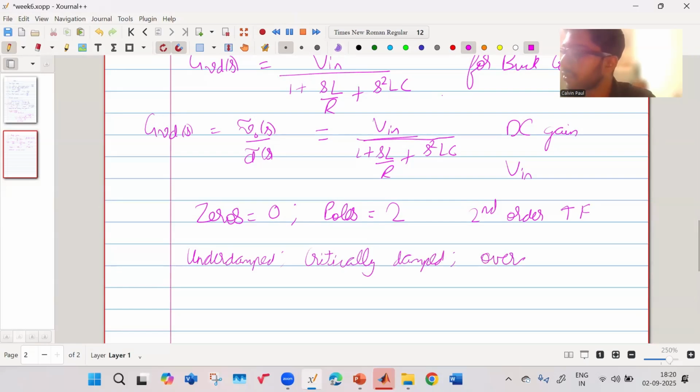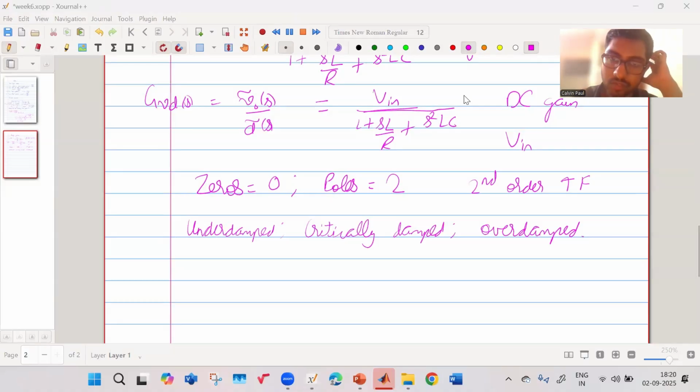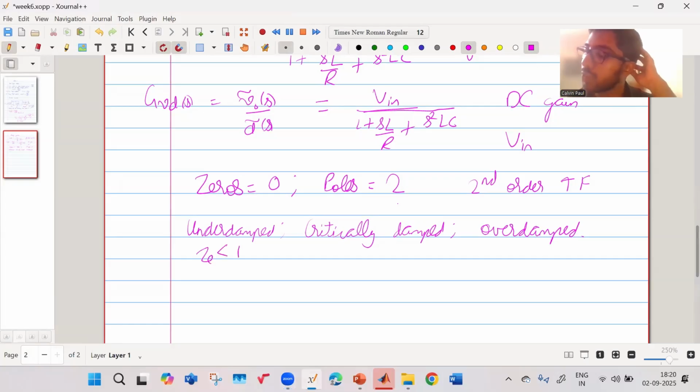Okay. Now, where are the poles located for an underdamped case? When the damping ratio zeta is less than 1. This is true, but where are the poles located? How do we find out the pole locations?